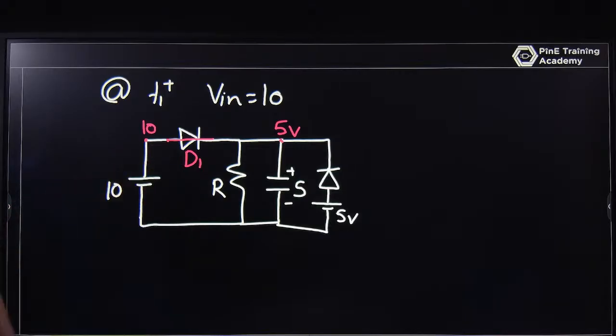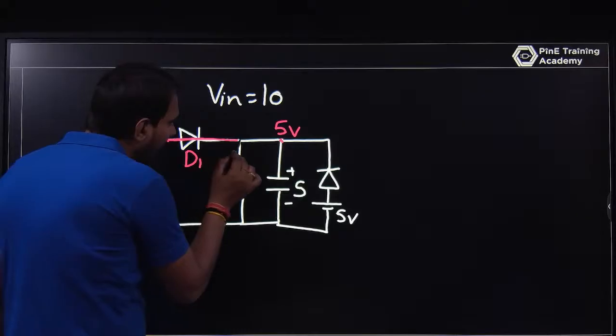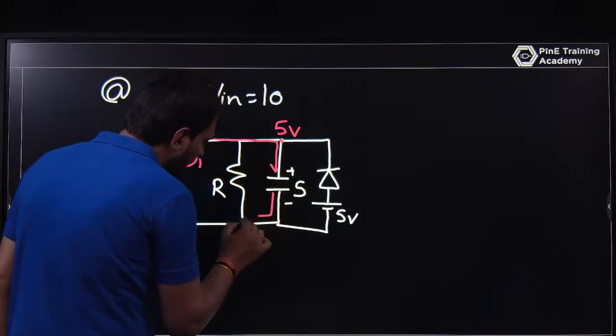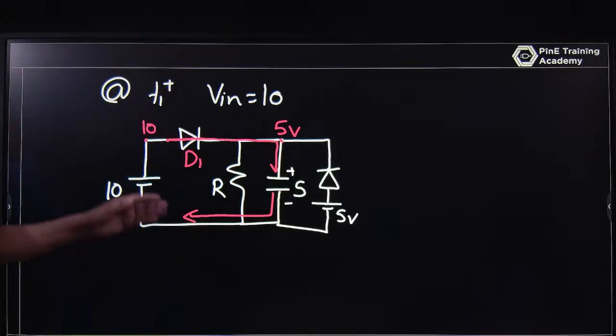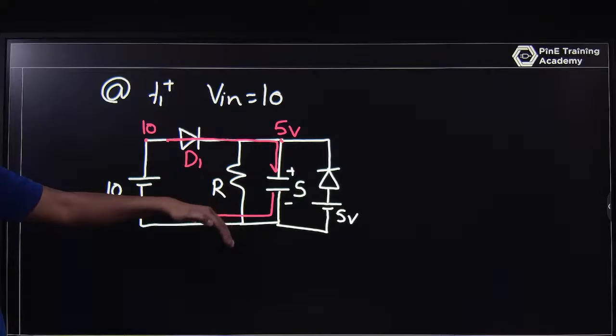If this is forward biased, this will be a short circuit path and current is flowing here. A large amount of current is flowing in this path. I am not saying that the capacitor changes suddenly; I am saying that the capacitor will change rapidly.